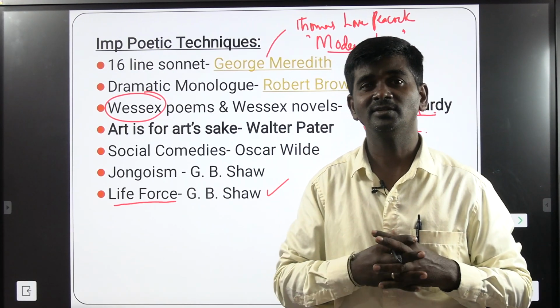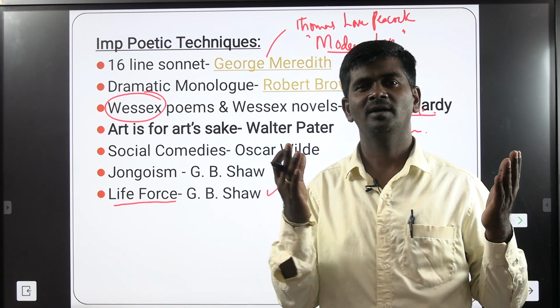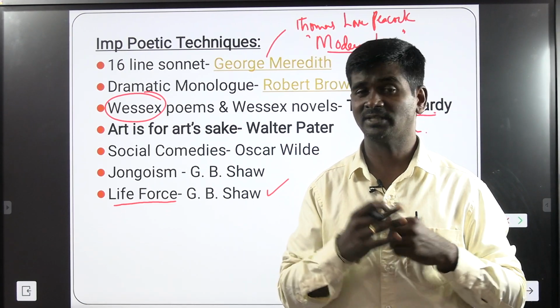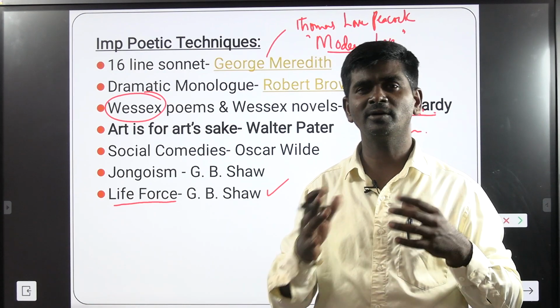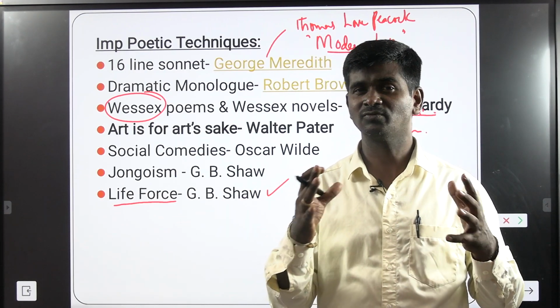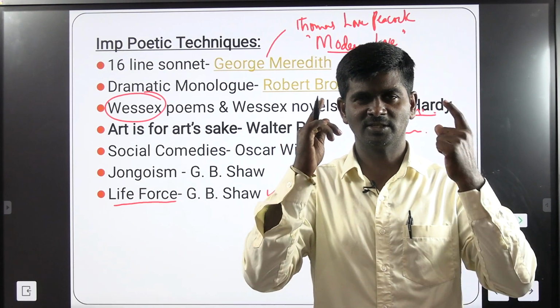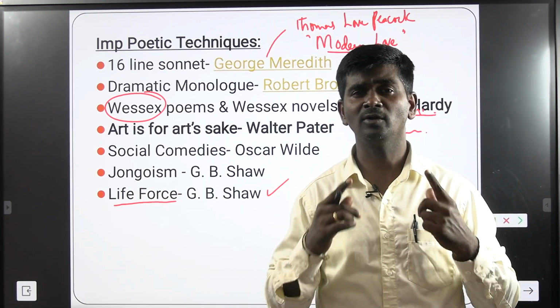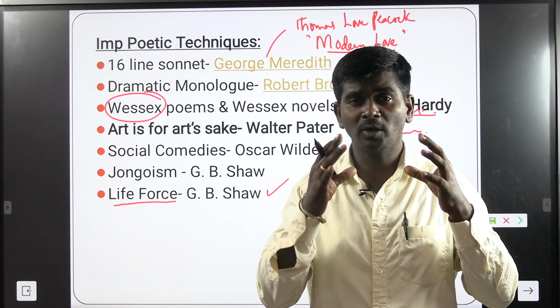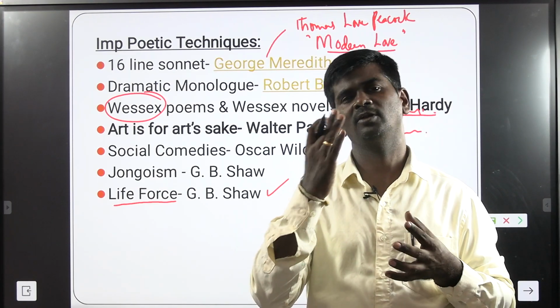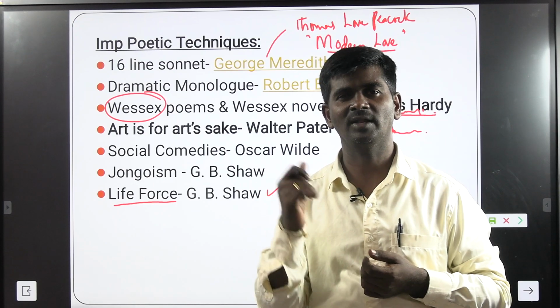She was awarded sainthood, and she became the child of Jesus, child of the Lord Almighty. It's only because of her quality of life force, which means there is a purpose for the creation of this life by God Almighty, and you need to recognize that, and then your life will be fulfilled. That is the idea of life force.